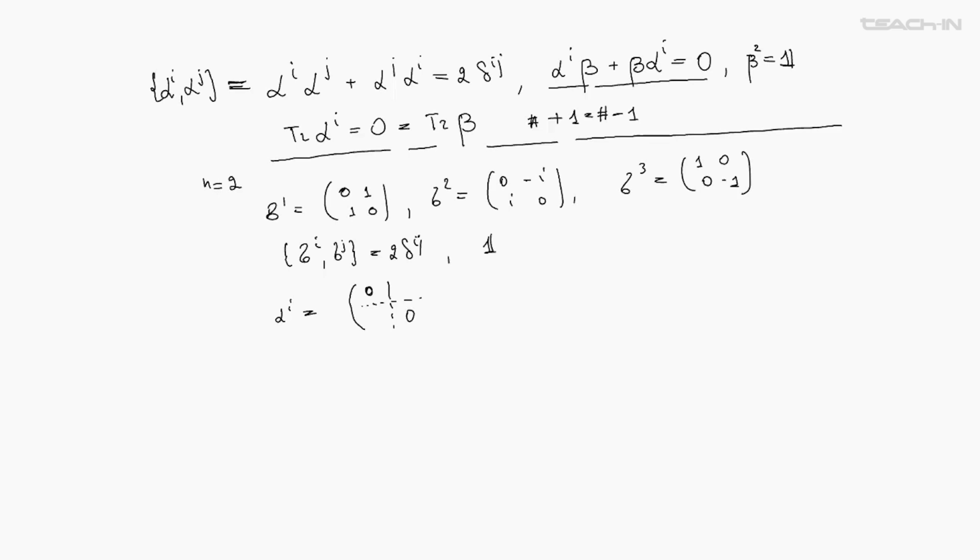And for beta, I will take the matrix with 1, which is the 2 by 2 identity matrix, and minus 1 here, and then zeros elsewhere, like this. So you can check that these matrices do indeed satisfy all the relations above.